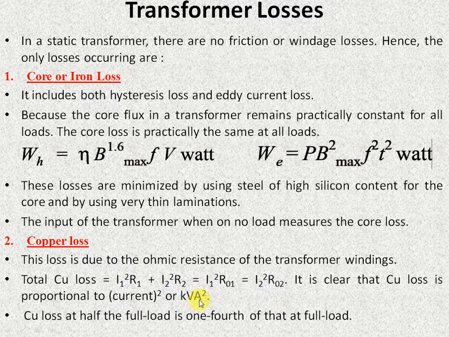The square is only for the term current. So if we are seeing here, copper loss at half the full load means the current will be half of the rated current. Since the copper loss is directly proportional to I square, the copper loss at half full load will be actually 1/4 of the total loss which is occurring at the full load condition.